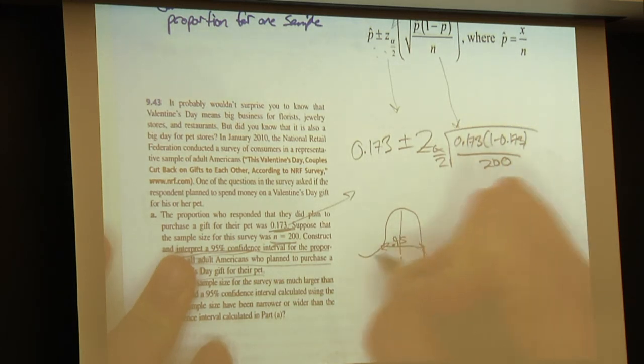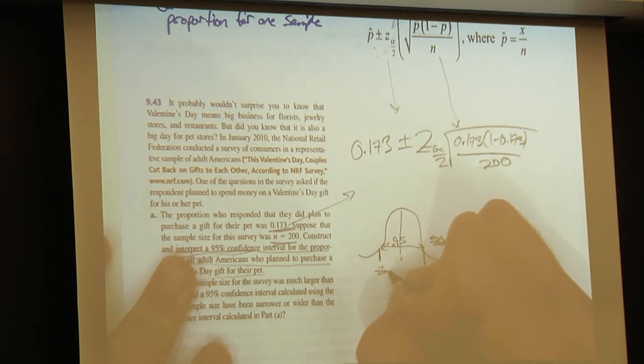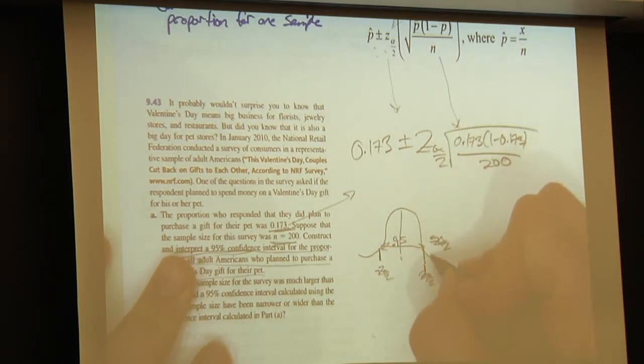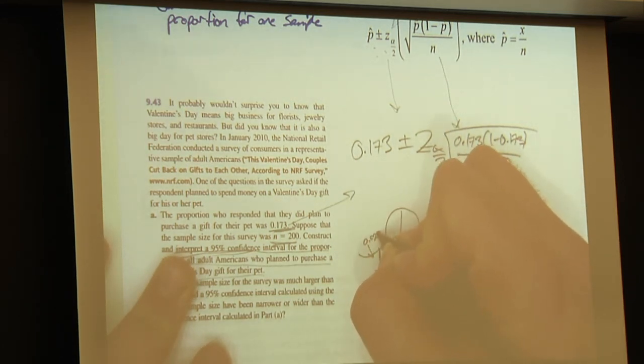So that would leave us with what we call z alpha over 2, z corresponding with alpha over 2 right here, positive, and negative z alpha over 2 on the other side. And that means we had 5% left over divided by 2 because it's symmetrical, right? 2.5% in each one will be 0.025 here and 0.025 here.